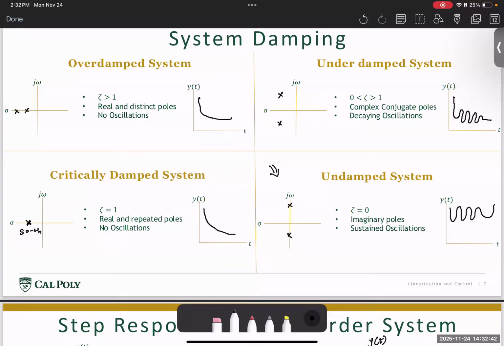Such a system is called marginally stable. While if zeta is between 0 and 1, the system is either overdamped, underdamped or critically damped based on the zeta value.